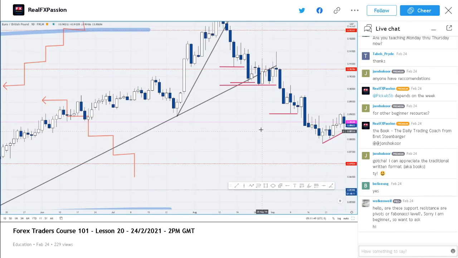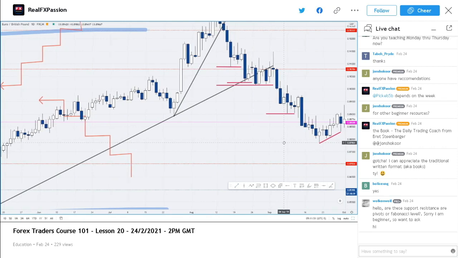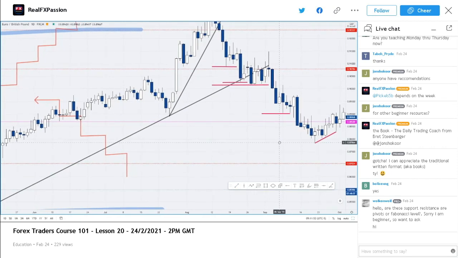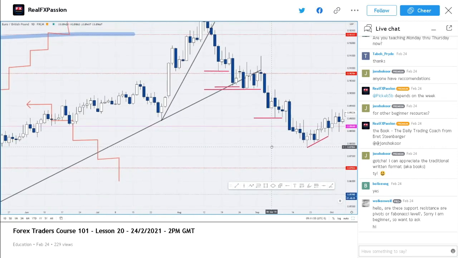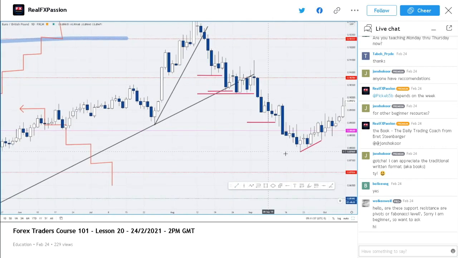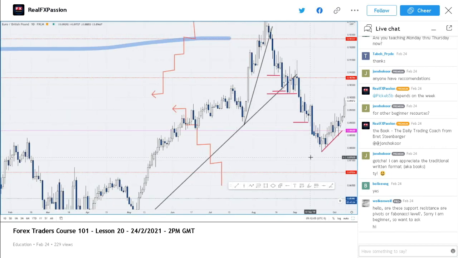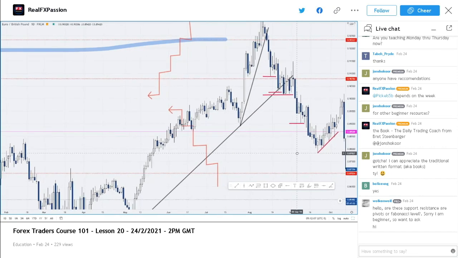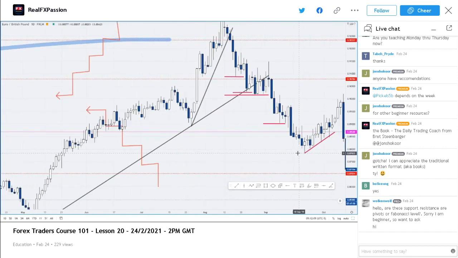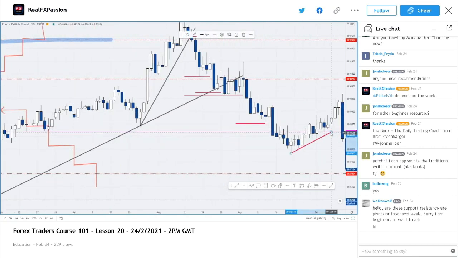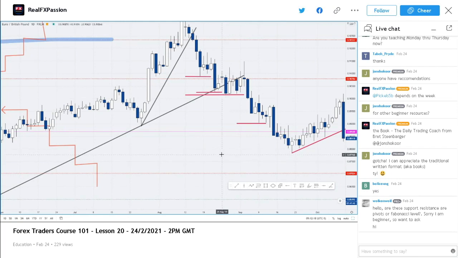The market didn't break the counter trend line, moved up higher, retracement, higher, retracement, up in here, higher retracement, and bam, this would be the decision candle, everybody.